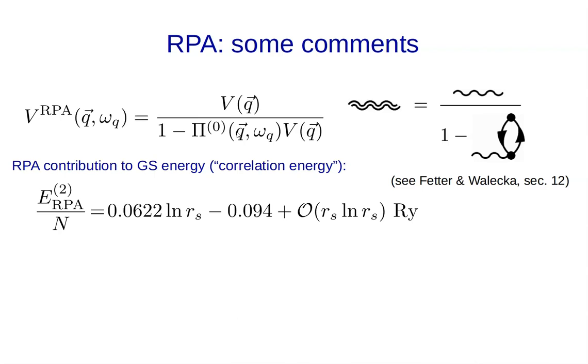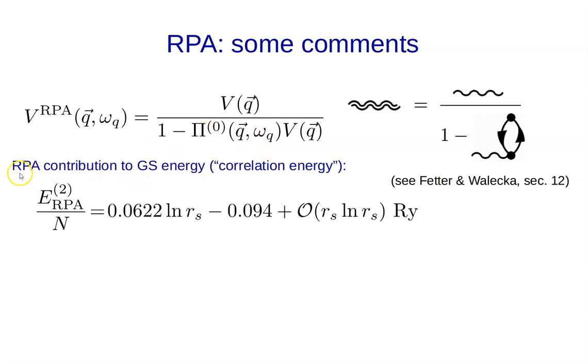At the end of the day, that's what's going to happen, and we're going to discuss that in a minute. It will not explode for q going to 0. It will give you something else, which in the Thomas-Fermi approximation is also a cutoff momentum.